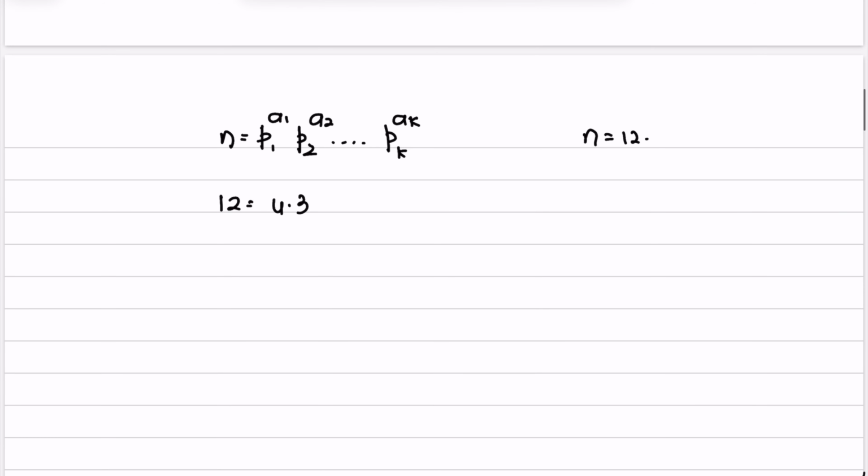For example, n is equal to 12 we have taken. 12 is equal to, let us say, 4 into 3. That is equal to 2 square into 3.